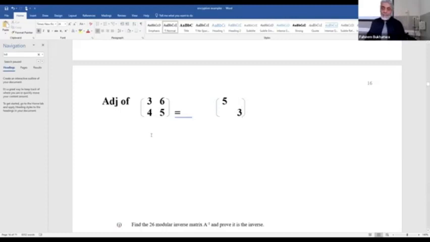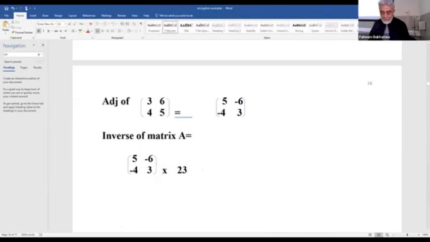So this is plus 6, change it to minus 6. Now we have the adjugate and we have the inverse determinant. Multiply them to give us the inverse of the matrix. Did anybody get the result of this?